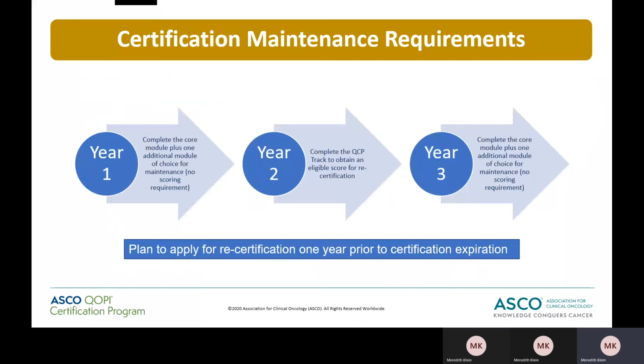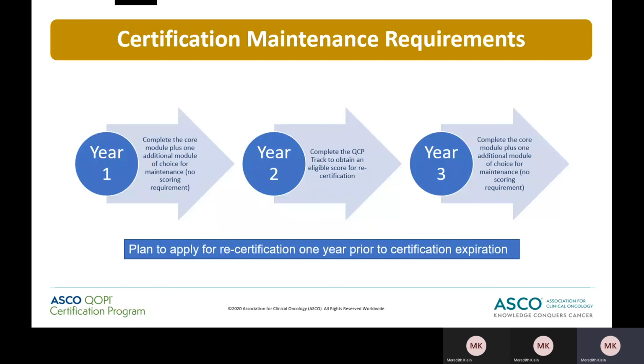Lastly, just wanted to highlight some certification maintenance requirement tips. Every practice who wants to maintain certification will need to recertify every 3 years. In order to prevent a lapse in certification, we recommend starting the QOPI abstraction process in year 2 of your current certification.